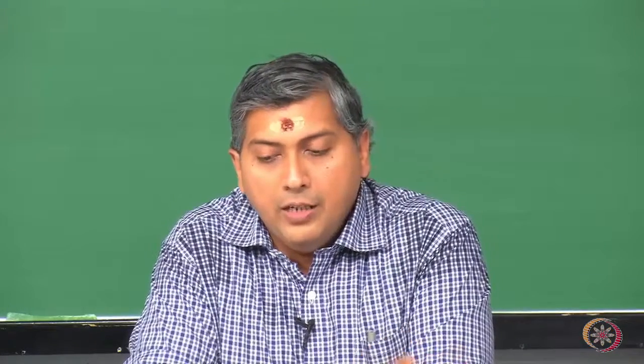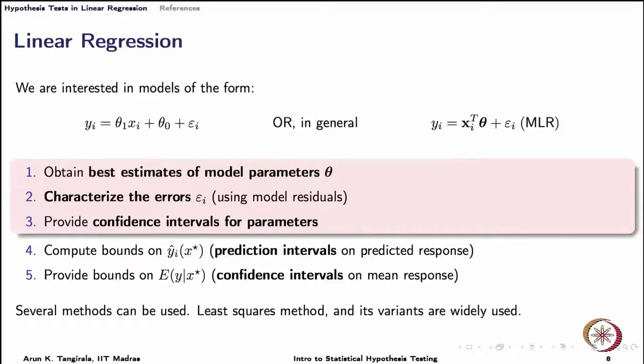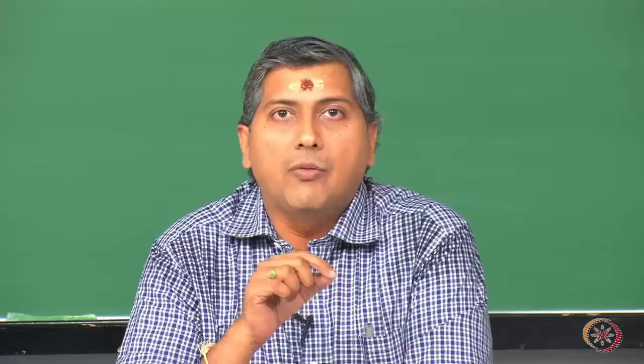The focus of this course is not on linear regression, it is rather on the hypothesis tests that one would encounter in linear regression. In general, there may be more than one regressor, or more than one explanatory variable or causal variable, in which case x is a vector and therefore theta becomes a parameter vector, and one can also absorb the theta naught into the vector of parameters theta by thinking of another factor which is always held at a value of unity.